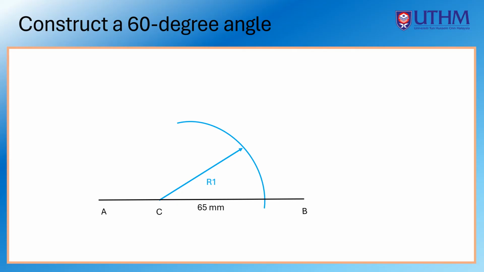From the point of intersection with the same radius R1, create a curve that intersects with the previous curve from point C. Finally, make a straight line that connects point C to this intersection to create a 60-degree angle. Now you have created a 60-degree angle.